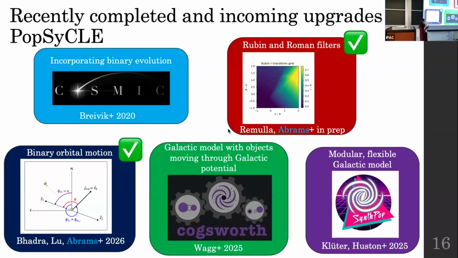Macy Houston is adding a more modular, flexible galactic model into Popsycle, SynthPop. And as Jessica mentioned, we are currently evolving the stars as singles, but we've just completed an upgrade to use COSMIC so that we're able to evolve the binaries, including mass exchange, so you can get a more realistic distribution of black holes and things like this. We also are going to incorporate Cogsworth to evolve objects through a galactic potential, so you can probe things like kicks and how that changes throughout the galaxy, since that will affect your microlensing distributions.